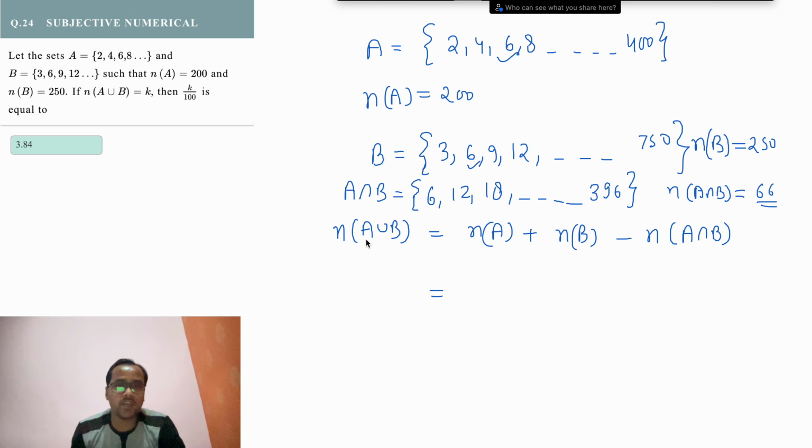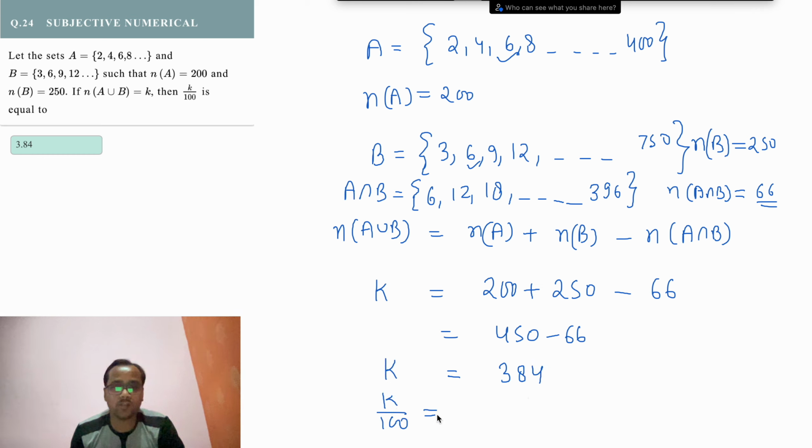So simply the number of elements in A union B, K, is equal to NA, 200, plus NB, 250, minus 66. So that is coming out to be 450 minus 66, that means 384. So K by 100 will be equal to 384 upon 100, which is 3.84. So that's the answer for this question.